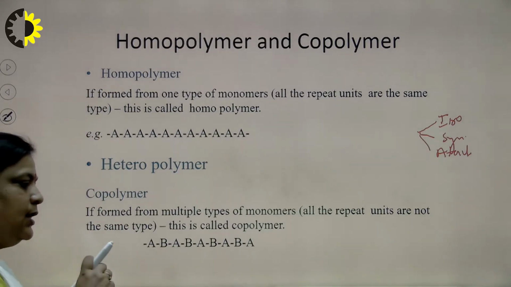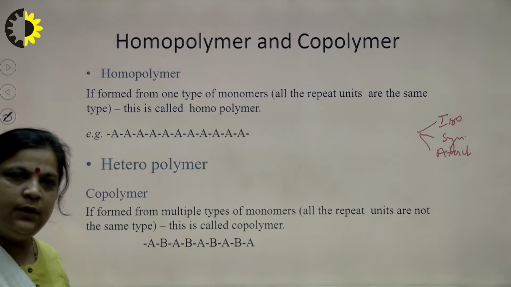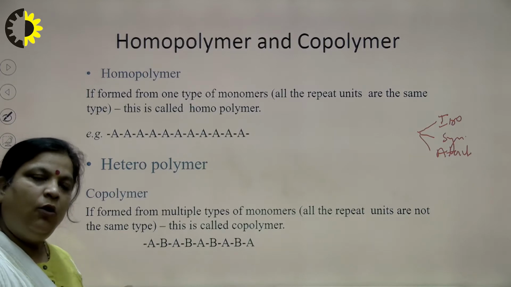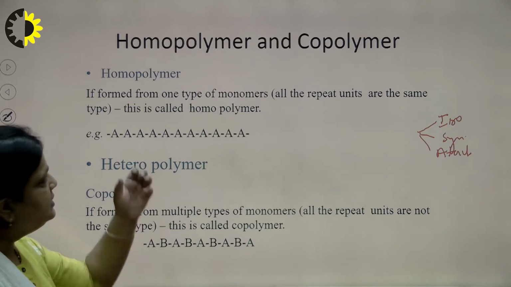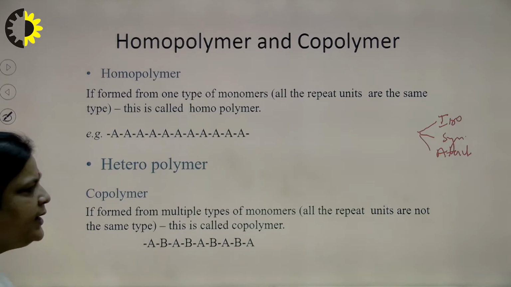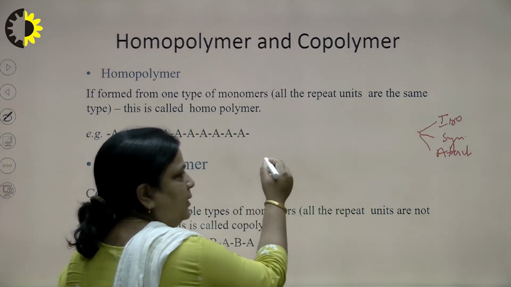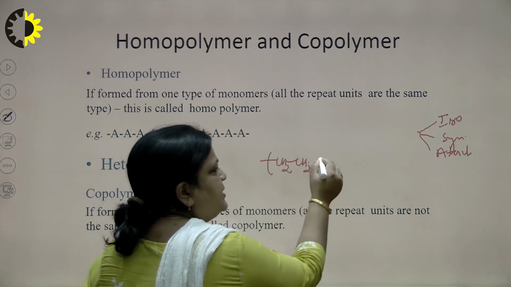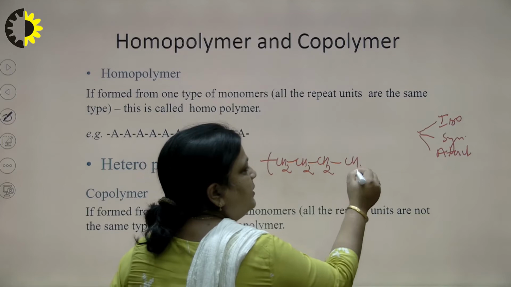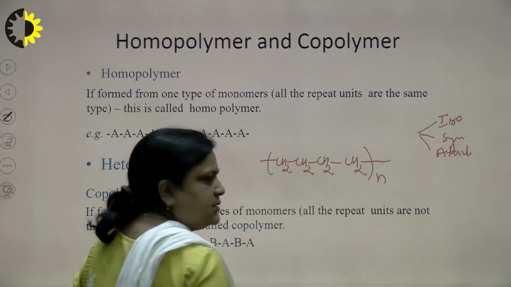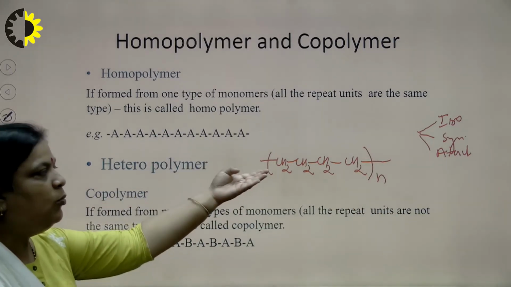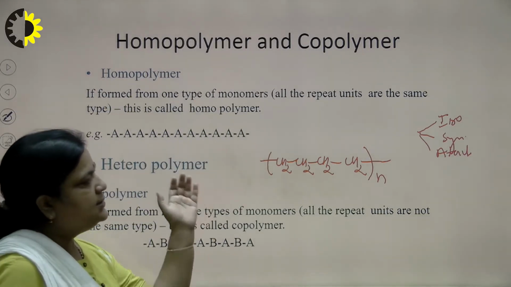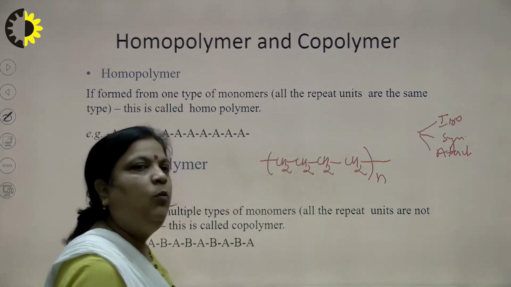Homopolymer means the monomers are of the same type, that is, all the repeating units are the same. A common example is polythene, where we see a repetition of ethene up to n. So, this is a type of homopolymer, and tacticity is basically used for the homopolymer.